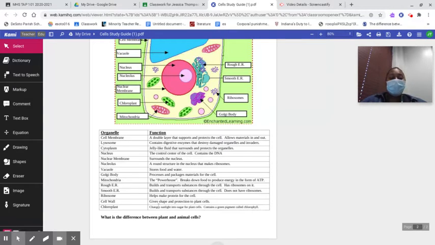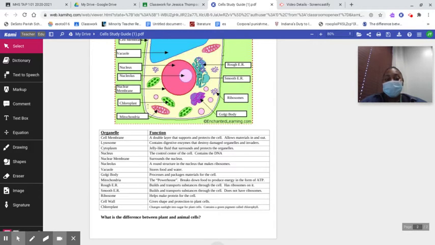What the chloroplast does is trap sunlight and change that sunlight into sugar for the plant, or basically the food that the plant is going to need in order to live. And the chloroplast contains these little green things inside of it, which is called chlorophyll.